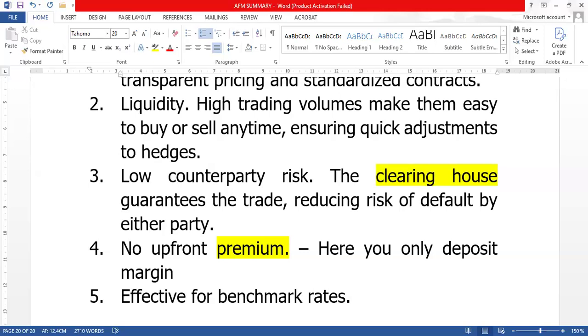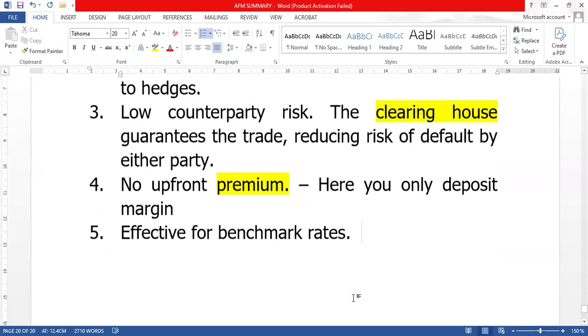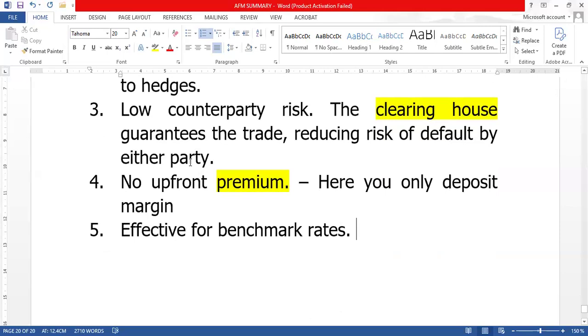It's perfect for hedging exposure linked to treasury bills, because here you will be looking at what the market offers and what you can charge. So you can easily relate and see how to adjust accordingly.